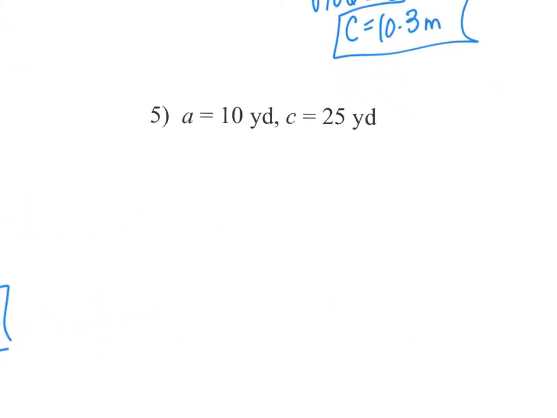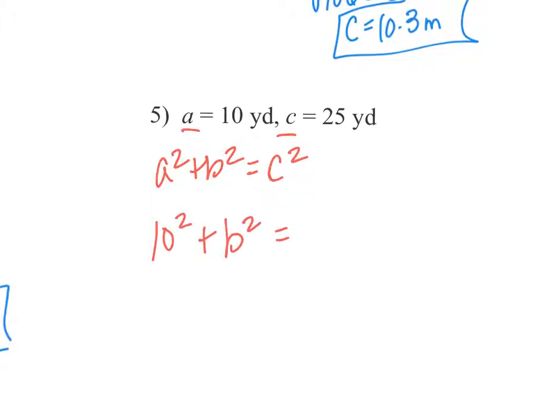Then number 5, they give us A and they give us C. So with my formula, I can plug in 10 for A. I'm looking for B, and they gave me C. So let's see, 10 squared is 100 plus B squared equals 625.